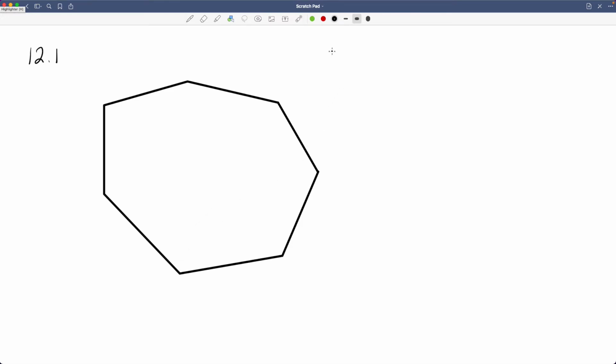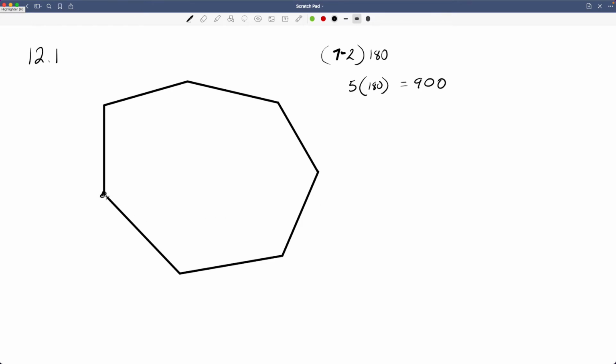We could very easily just say 7 minus 2, let me go back to the pen, times 180. 7 minus 2 is 5 times 180, and that is going to equal 5 times 0 is 0. 5 times 18 is going to be 90. That is 900 degrees. Let's see by drawing the diagonals if we get the same number of triangles.